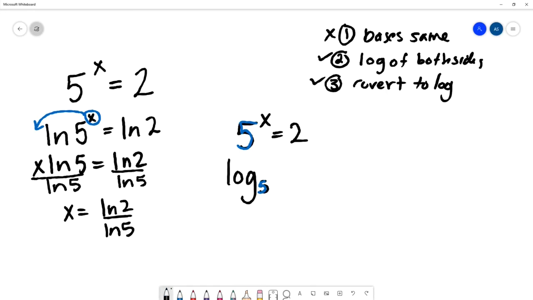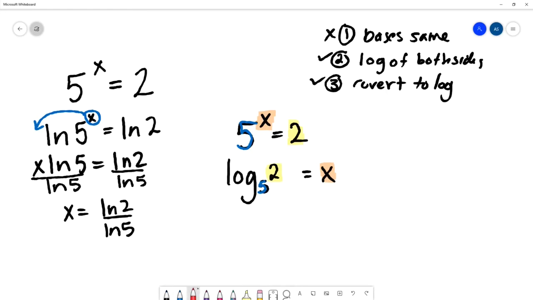And because they're inverses of each other, the input of the exponential is the output of the logarithm, and the output of the exponential is the input of the logarithm. So rewriting it as a log would give us log base 5 of 2 equals x.